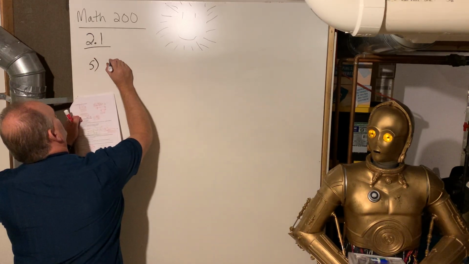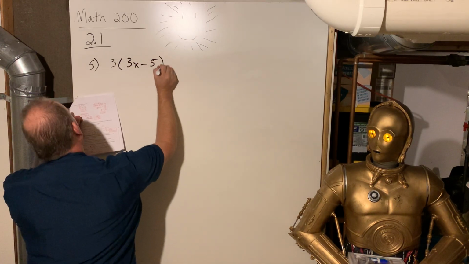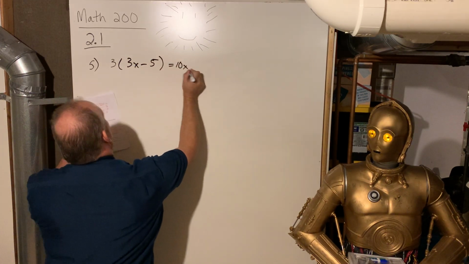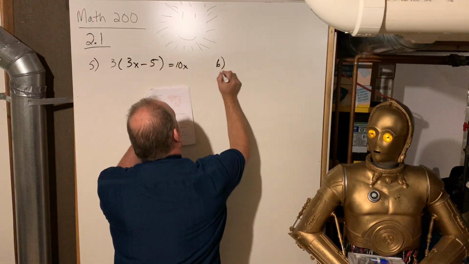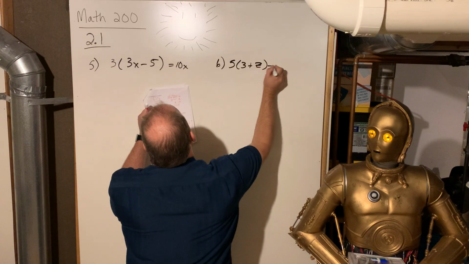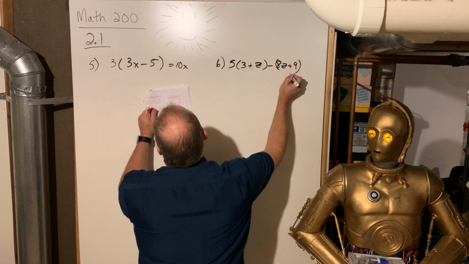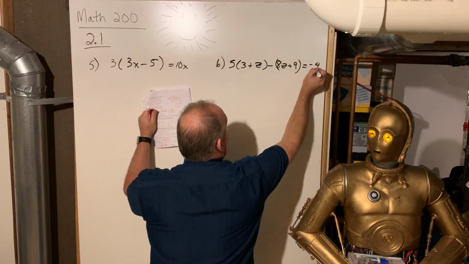So look, I'll have 3 times 3x minus 5 equals 10x. We've got 5 times 3 plus z minus 8z plus 9 in parentheses, and then equals negative 4z.